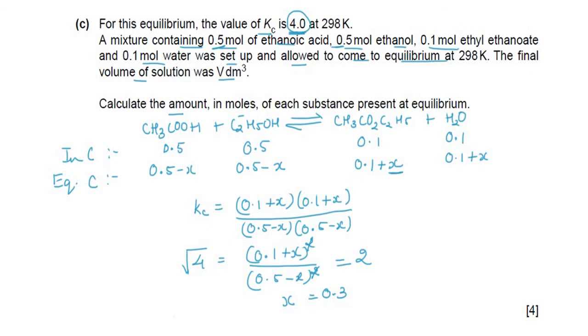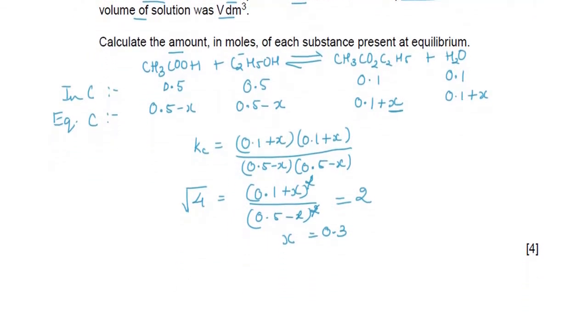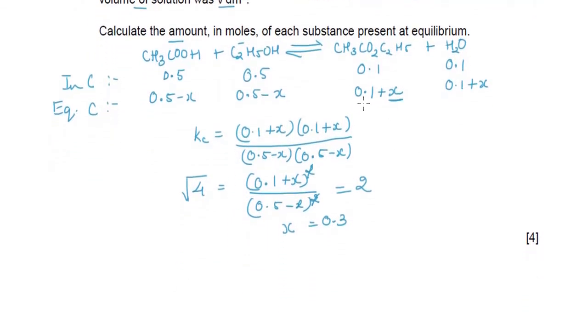Now if we substitute the value of x in the concentrations of the products and reactants, then the concentration of ester is 0.1 plus x, that is 0.1 plus 0.3, which gives us a value of 0.4. The water also has the same concentration.